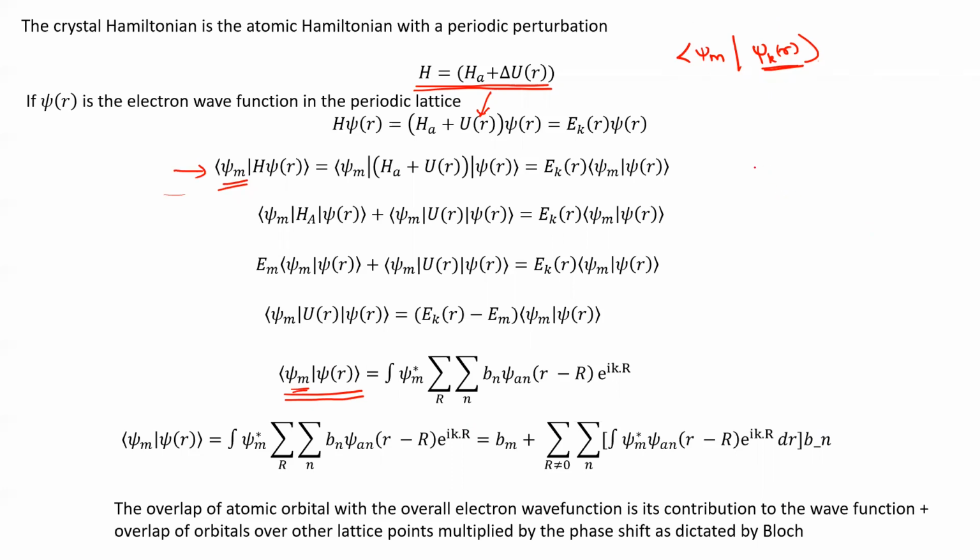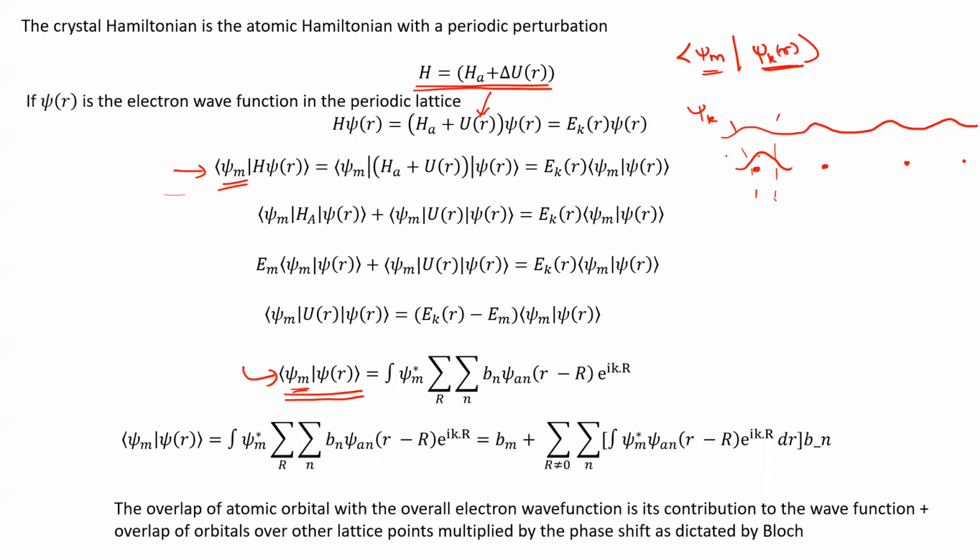So let's say this is the periodic lattice, and psi k has some form which is also periodic. This is psi k, which extends throughout your crystal. And psi m is something which is localized in this particular atom, let's say like this. The overlap of these two is this particular value, psi m overlapped with psi k.